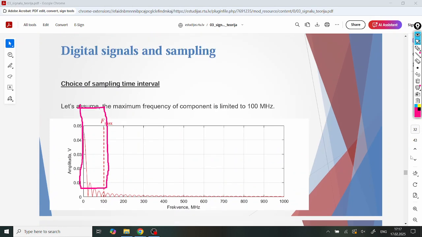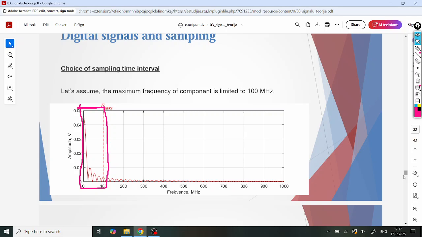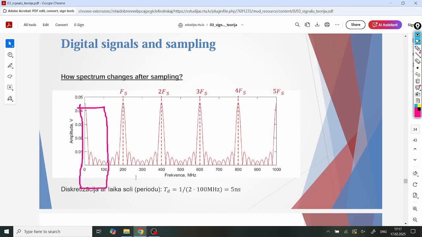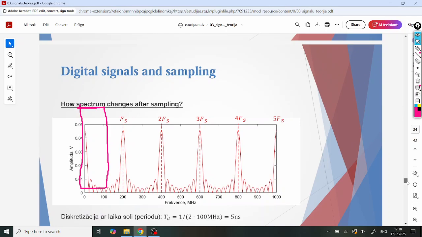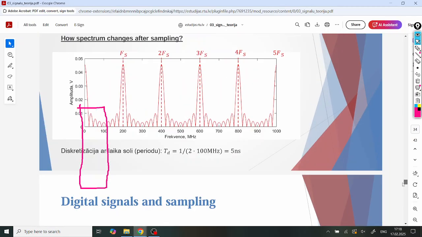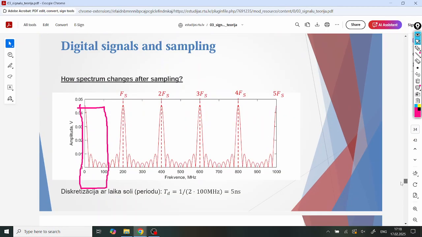So basically, this part is the same and nothing has changed here. What happens further, though, is a different story. It's probably easier just to redraw it. The second part of the spectrum oddly resembles the first one.